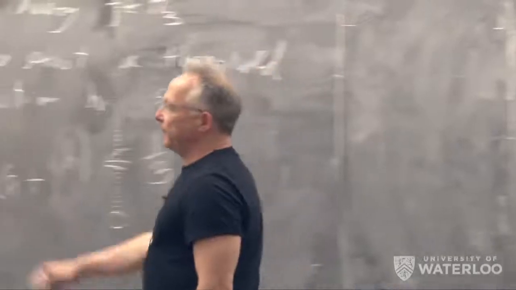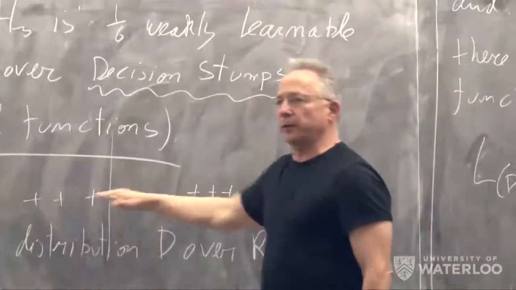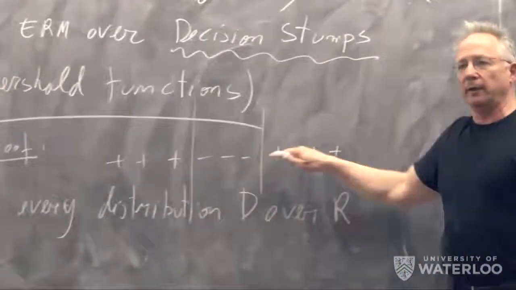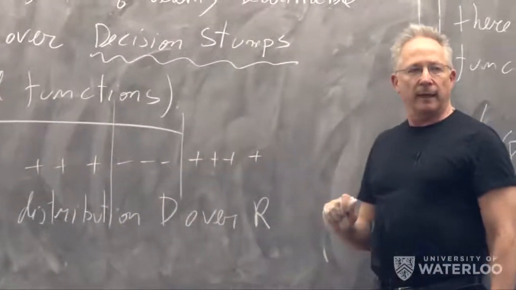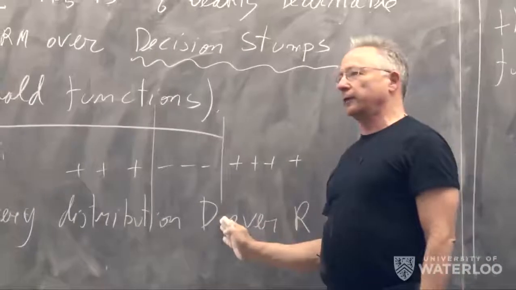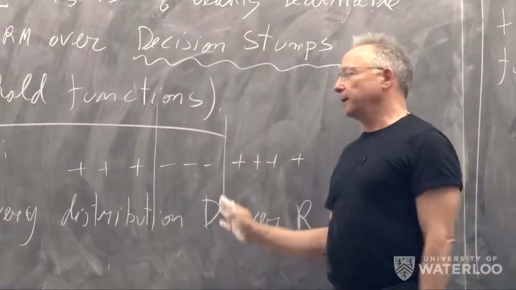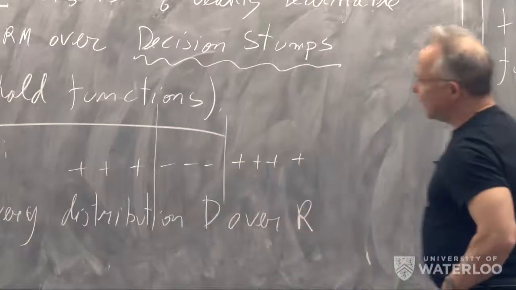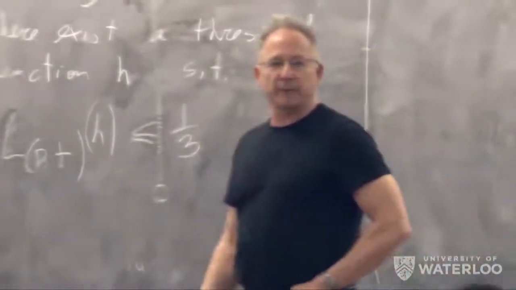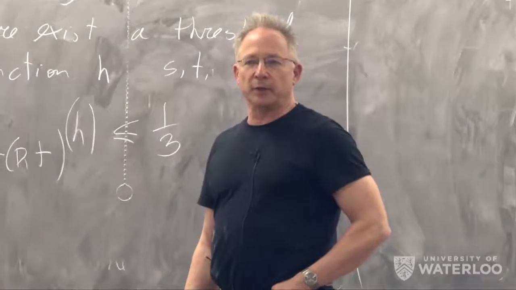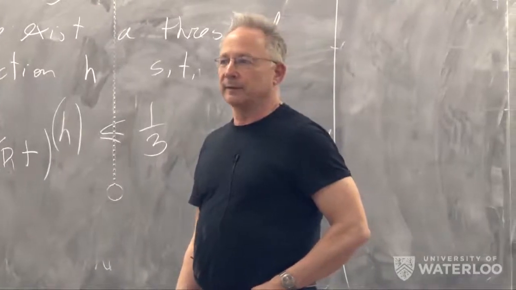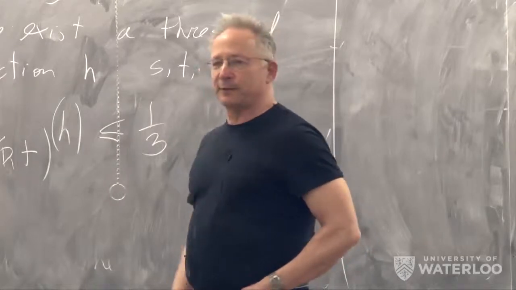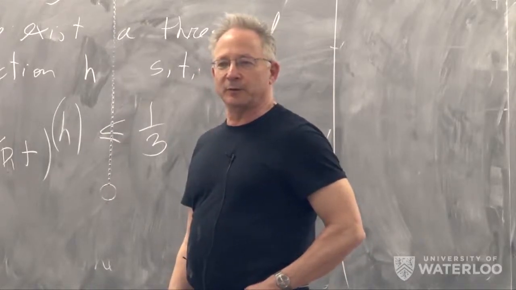You have some function which is a 3 partition, and there's some unknown distribution over the line. I want to show you that there is a threshold, which is much simpler, that makes error at most 1 over 3. So how will I find this threshold function? Are you quiet because it's too simple or because I got you confused?